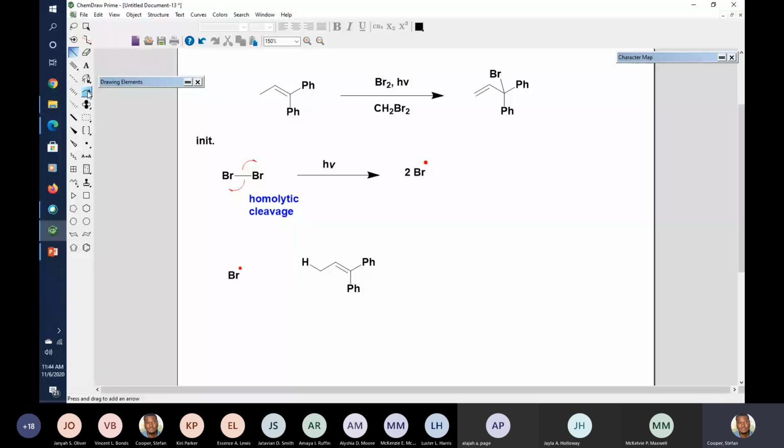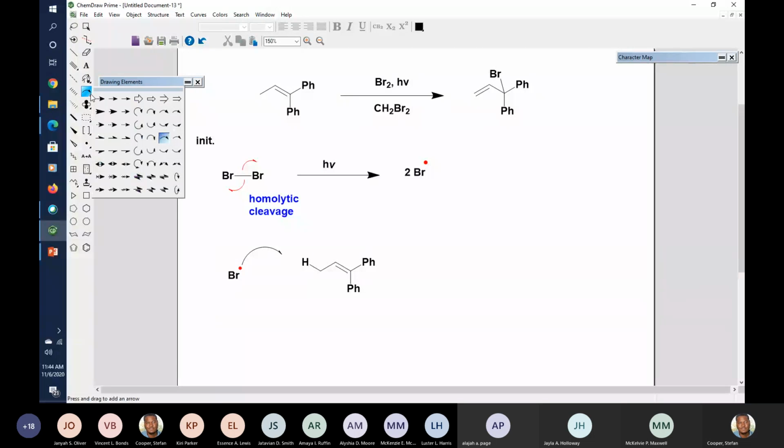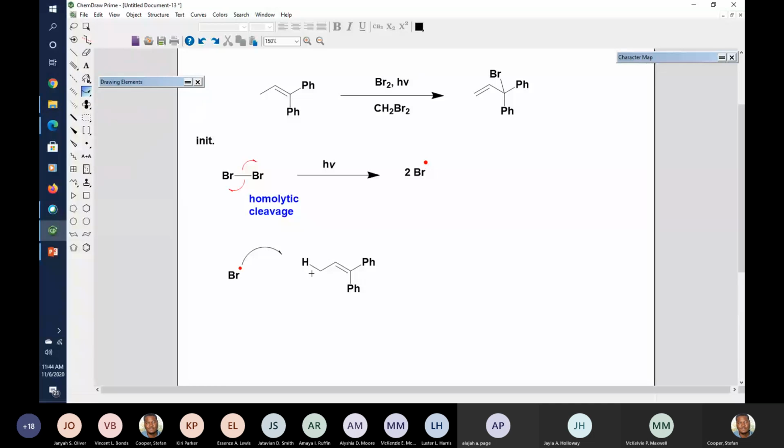And my next step is going to be a hydrogen extraction step. All right. So this radical is going to extract the hydrogen. So that means the H and its one electron is going to move over. And the other electron in this bond is going to reside on the carbon.